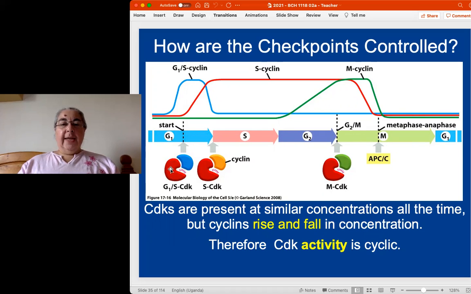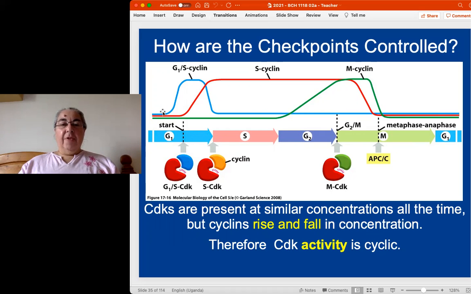The G1S CDK can only be active when it's bound to a G1S cyclin, and that's illustrated here as this little blue molecule.